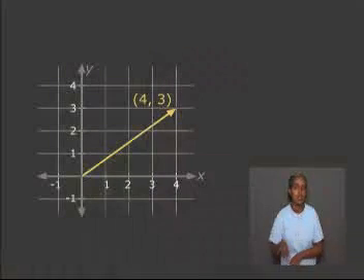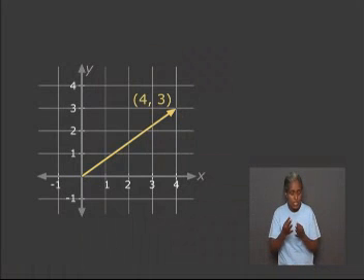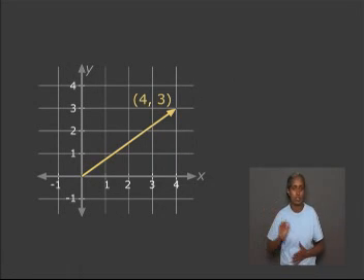Apply this formula yourselves, students. If vector v is expressed by the column vector of 4, 3, and its initial point lies on the origin, what is its magnitude? Please go ahead and answer this now.